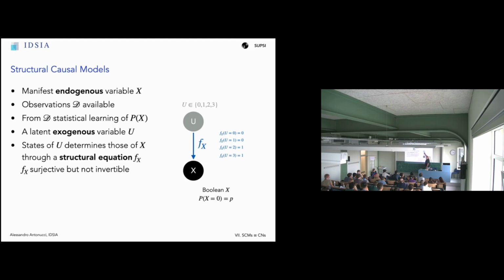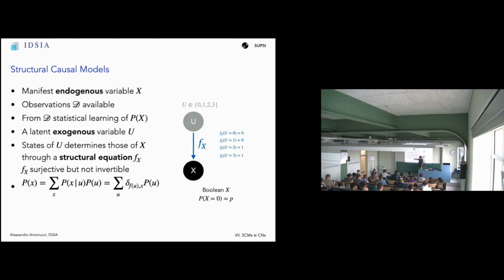Given a distribution over u, I can obtain a distribution over x. This is what some people call the total probability theorem. It's just conditioning. So the marginal probability for x is the sum over u of the probability of x given u times the probability for u.